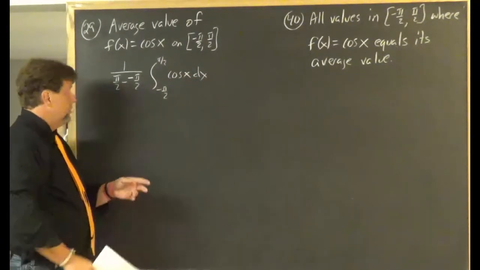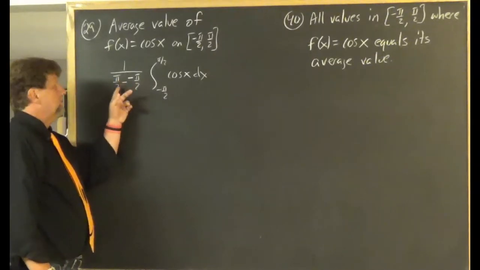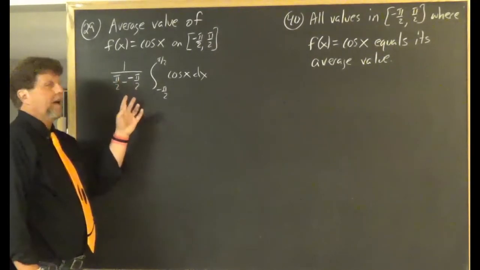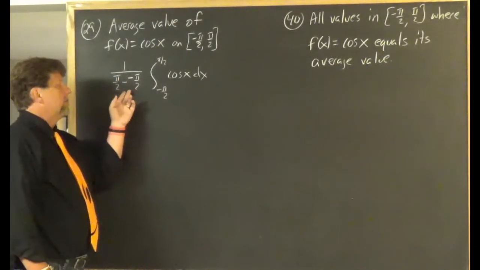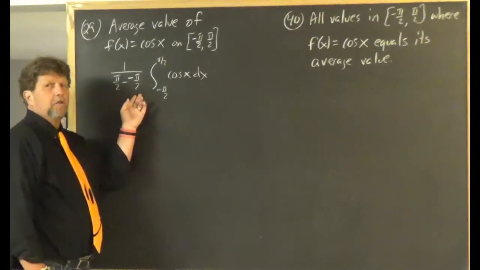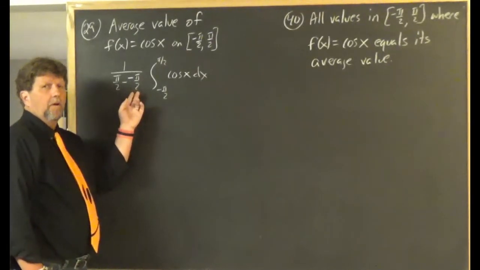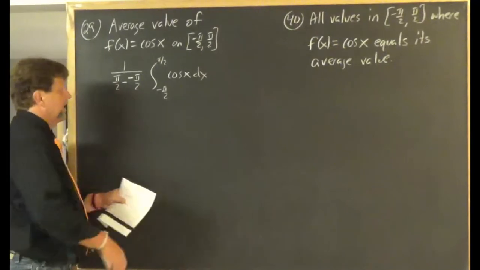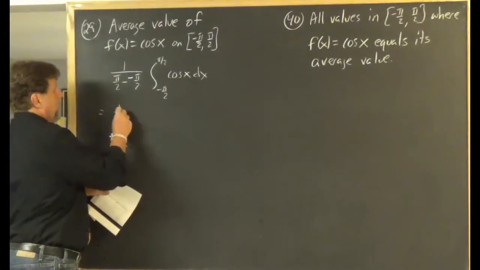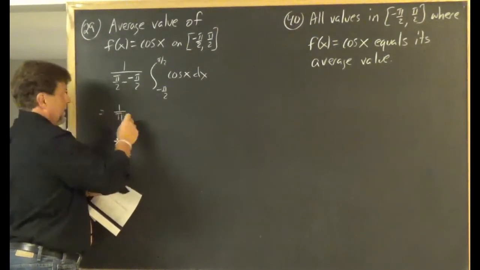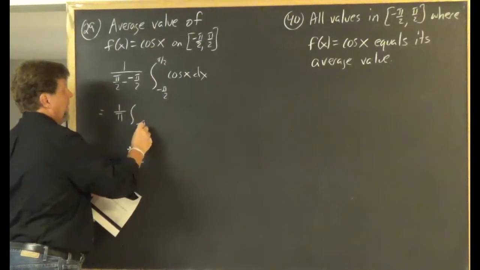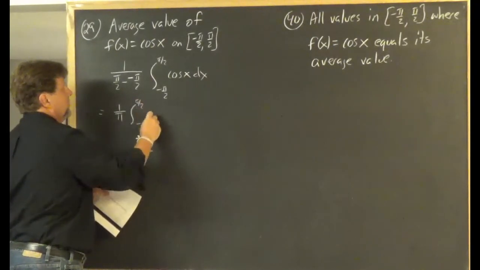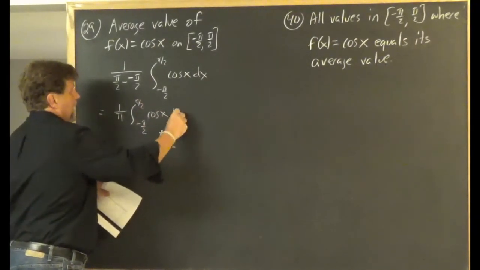So folks, when you do this, pi over 2 minus negative pi over 2, that's pi over 2 plus pi over 2. That gives you 2 pi over 2. Well, 2 pi over 2 is just pi. So we have 1 over pi, the integral negative pi over 2 to pi over 2, cosine x dx.